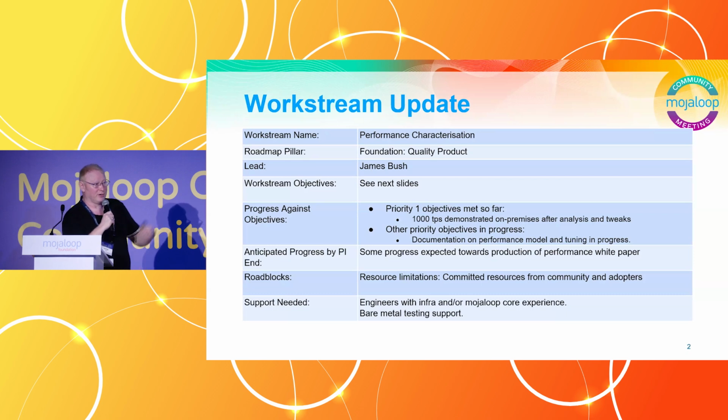So at the start of this program increment, this work stream set itself a couple of objectives. Our number one objective was to demonstrate that the Mojaloop platform was capable of achieving 1,000 transactions per second, demonstrated on minimal hardware. The definition of what we call minimal is open for discussion, but there is a definition of that written down if you're interested.